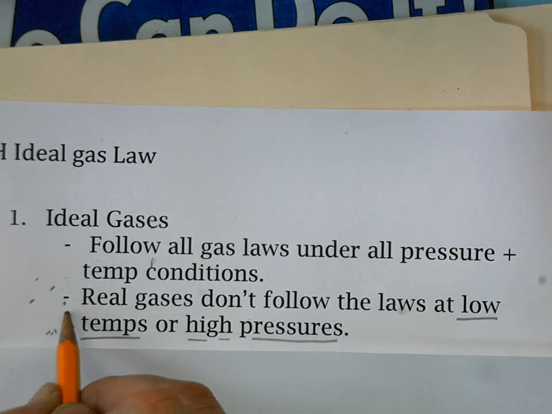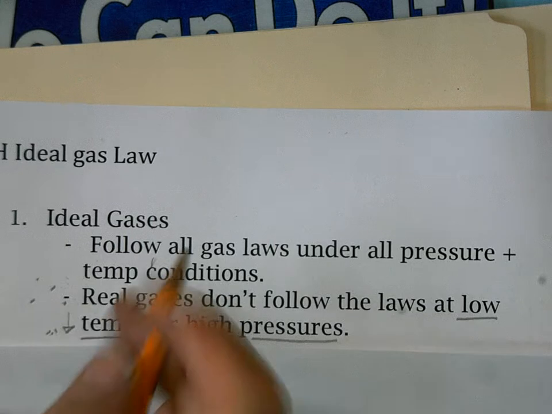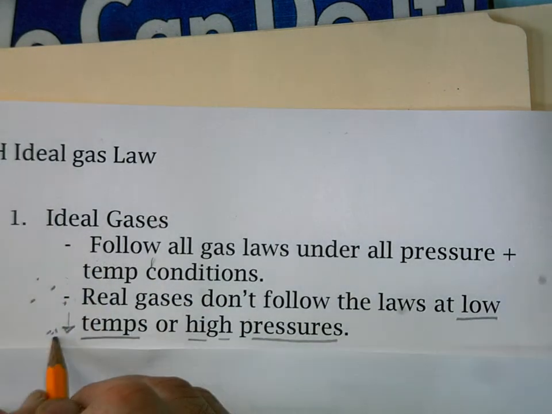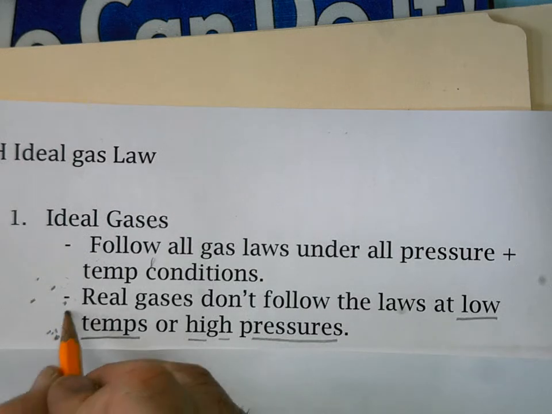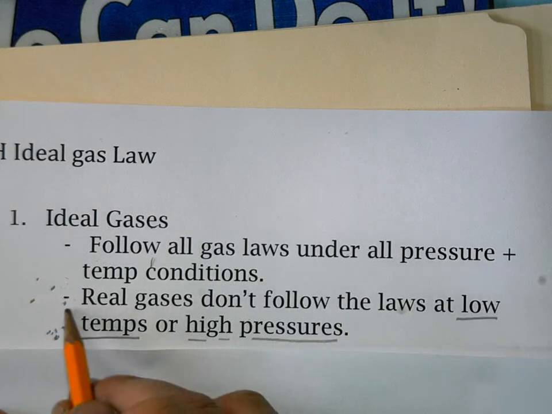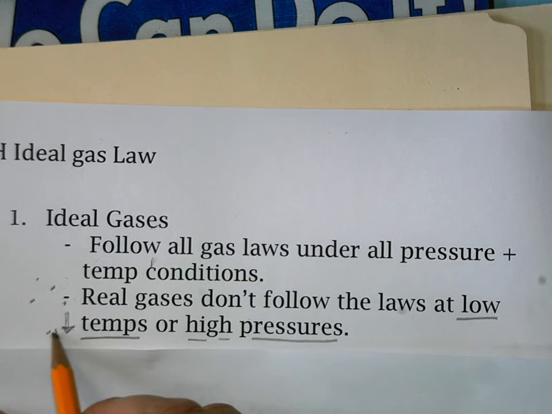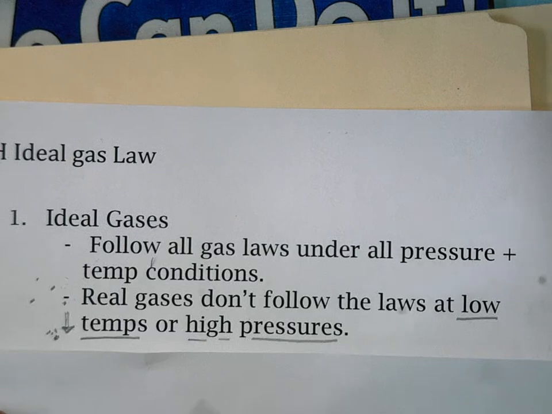And in theory, if you take enough heat out of them, you could get it to the point where there are no spaces between the atoms, which would basically mean they're like a solid or a liquid. They have zero volume. So gases will not follow the ideal gas law when we get super duper cold, because the particles slow down so much they start acting like solids or liquids.